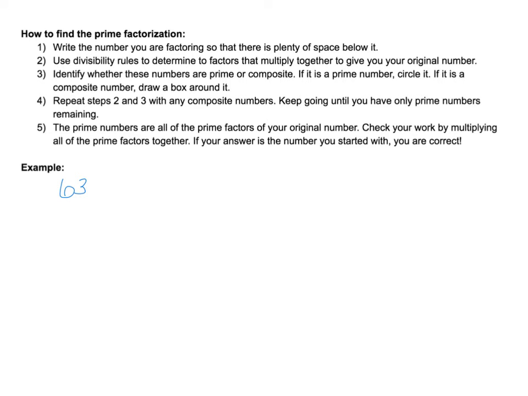Now the number 63, note that I first wrote it down so that there's plenty of space below it. And using our divisibility rules, we can tell that 63 is going to be divisible by 3. We just don't know what that other factor is going to be. So let's divide it out and see what we get. So 3 goes into 6 2 times. 2 times 3 is 6, and 6 minus 6 is 0.